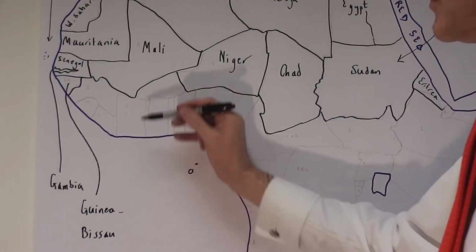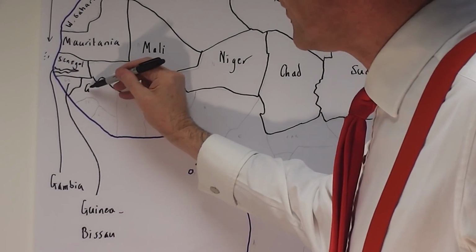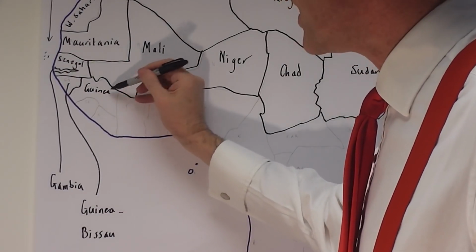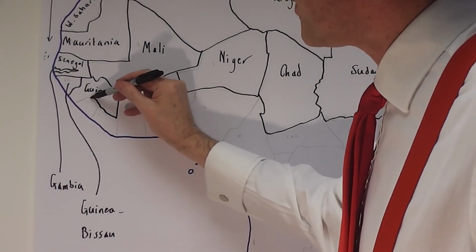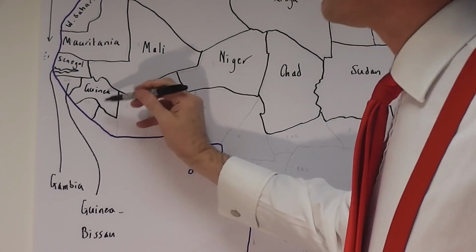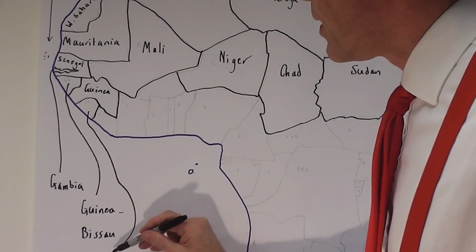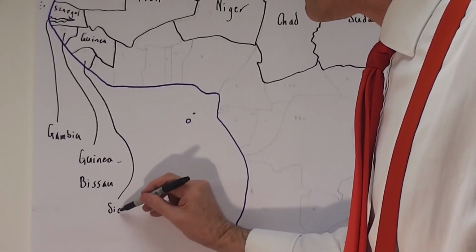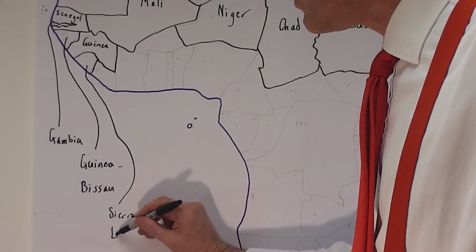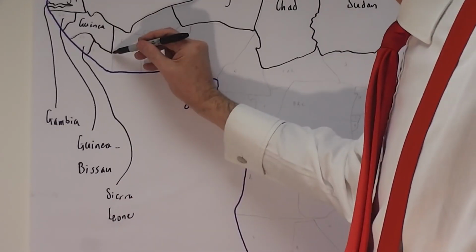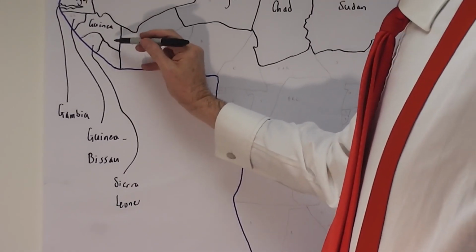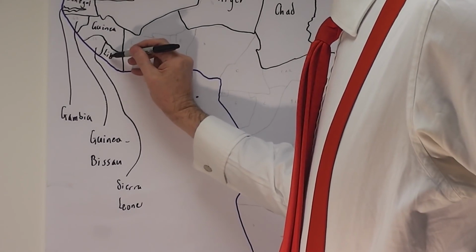And next to Guinea-Bissau, confusingly, is a country called Guinea. There. And then south of Guinea are two other quite small countries. There is a country called Sierra Leone.